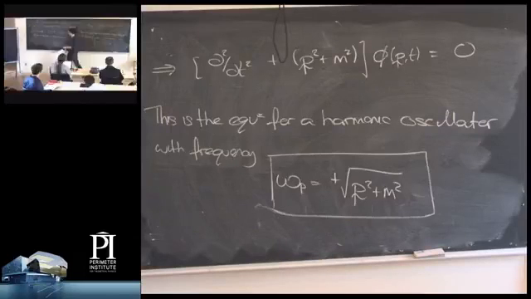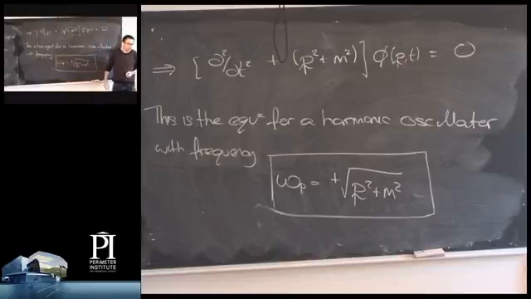And then to find the most general solution for phi of x, you just add them all together with arbitrary amplitudes, whatever amplitude you like, and integrate to do the inverse Fourier transform. Why do we not consider the negative? This is my definition of omega p. What sits in here is omega p squared, so I'm just defining omega p to be the positive square root. It'll be useful.